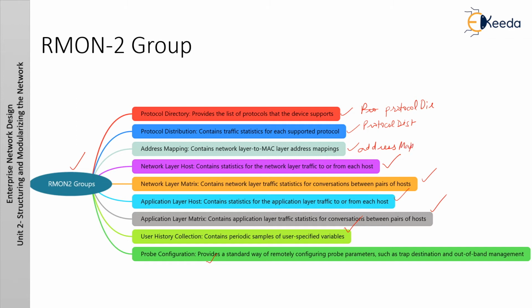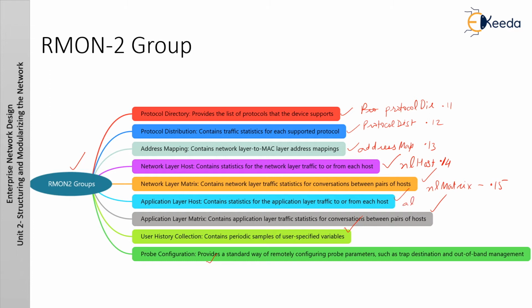Protocol directory is 0.11 standard, 0.12 standard, 0.13 standard. Then network layer host, NL host, 0.14. NL matrix is 0.15. Then AL host.